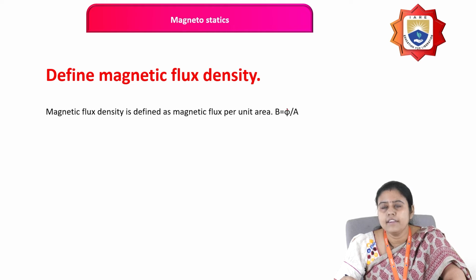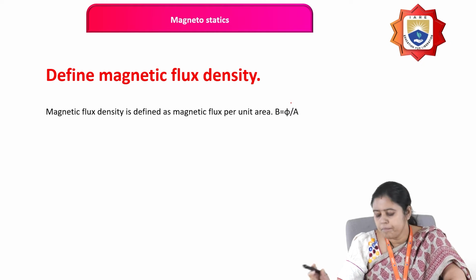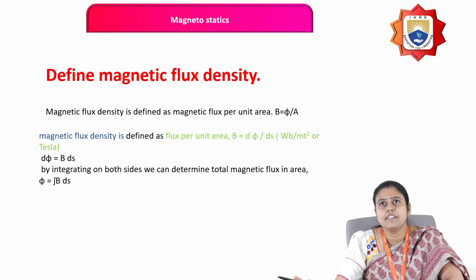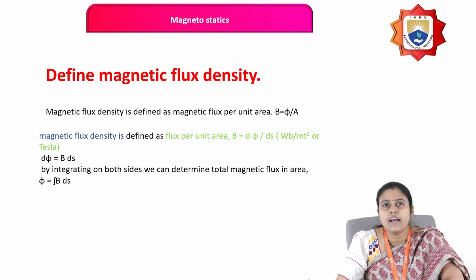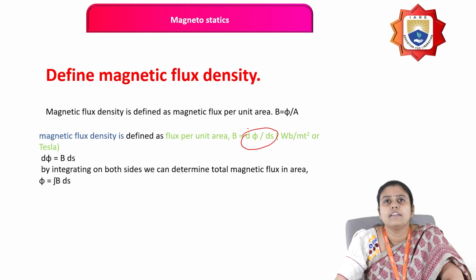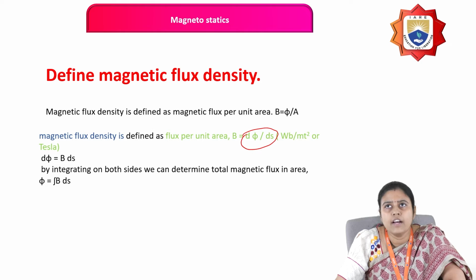We can write B equal to magnetic flux phi by A. Magnetic flux density is also defined as the differential change in the flux by the differential change in the area. So, B is equal to d phi by ds, the differential change in the flux by the differential change in the cross-sectional area.